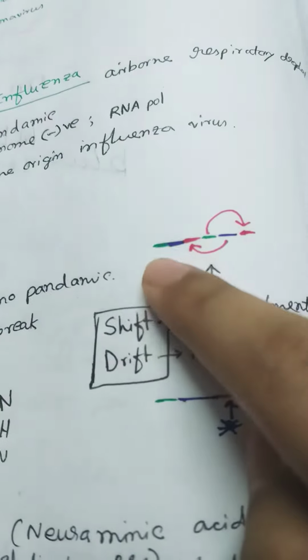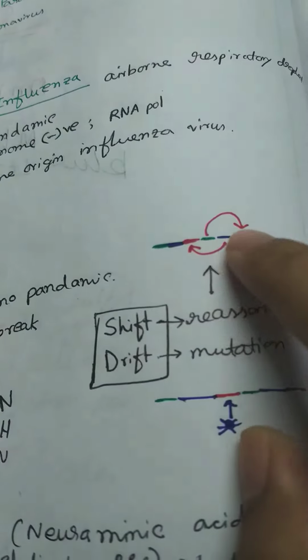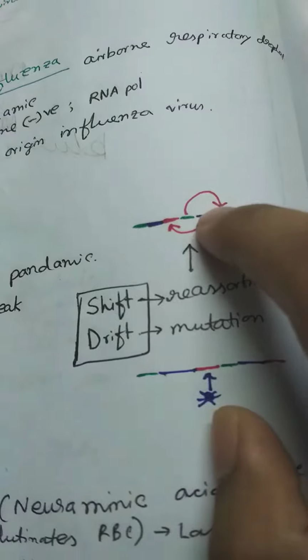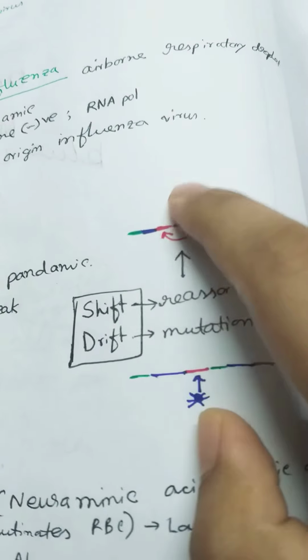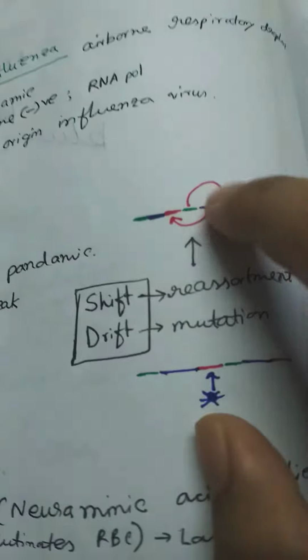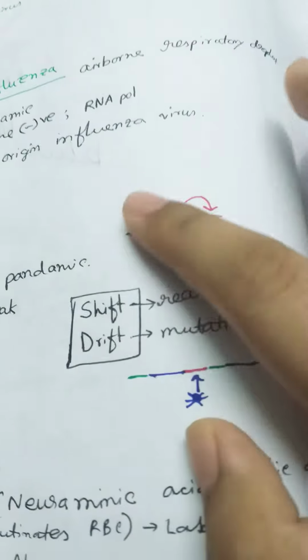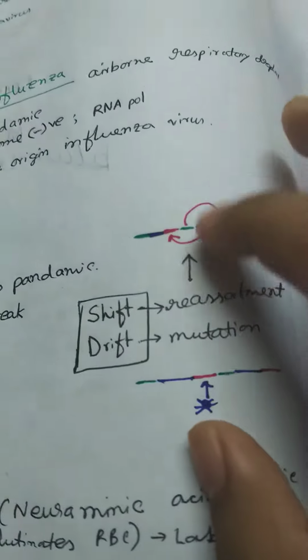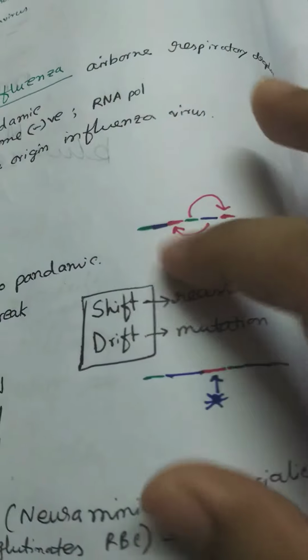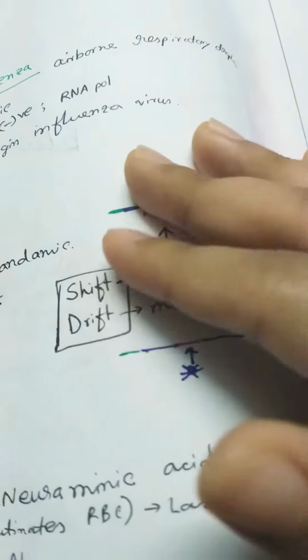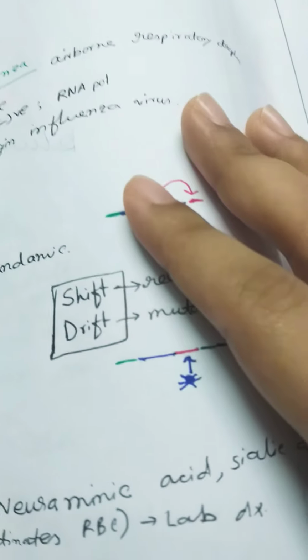So if this is a segment, and if these segments are reassorted, this goes there and this goes here, then there will be a total change in the genome, and a new viral strain will be induced. So this is antigenic shift, and this is the reason for pandemic attacks.